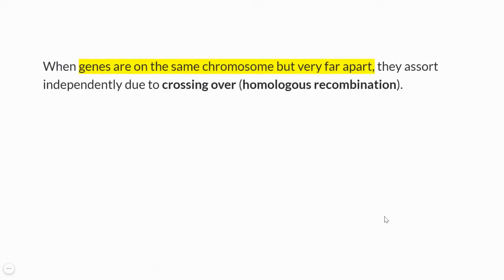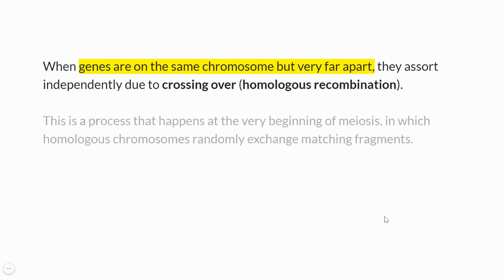Now let's look at another situation that we saw in the first slide. Out of the two situations, our second scenario was when gene A and gene B will be on the same chromosome but very far apart from each other. In that case, they will assort independently due to crossing over. This is a process that happens at the very beginning of meiosis, that is in prophase 1, in which homologous chromosomes will randomly exchange their chromosome segments.